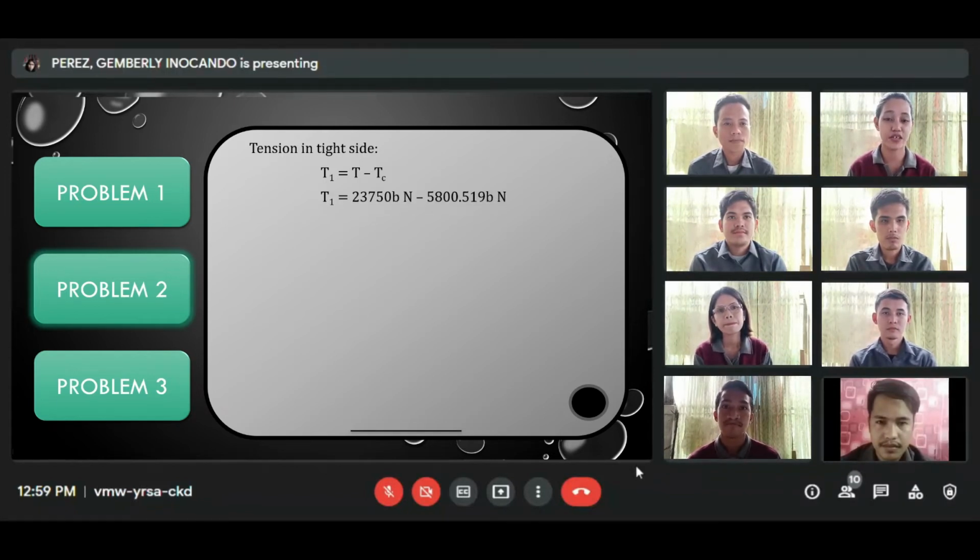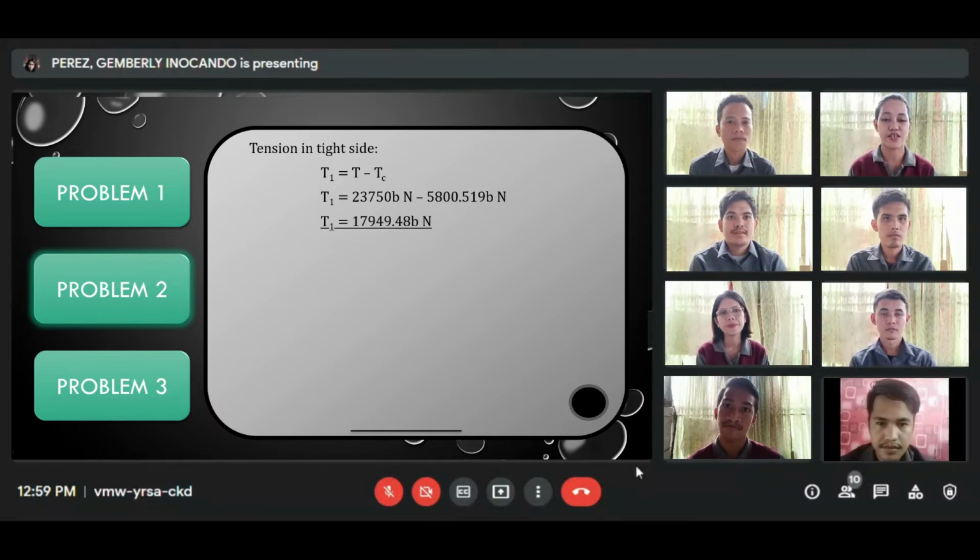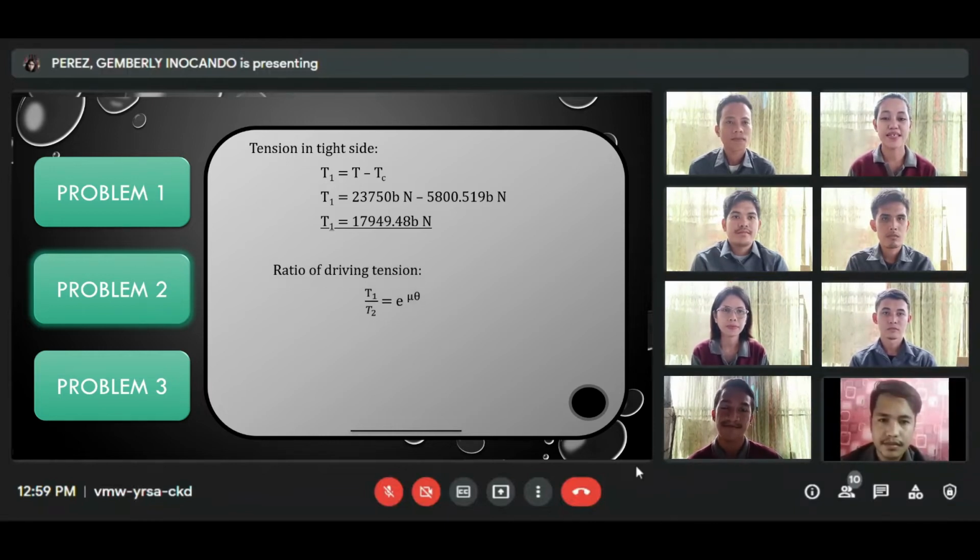Substitute the values: T1 equals 23,750 B minus 5,808.519 N. So our T1 is equal to 17,949.48 N.